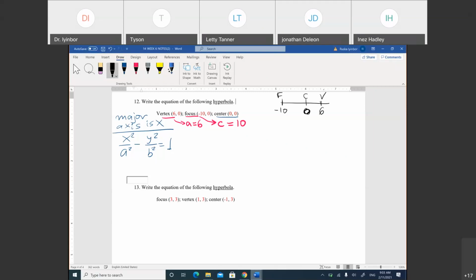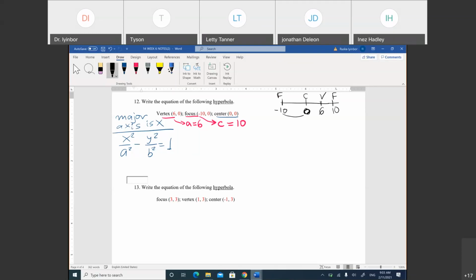So what is the distance? From -10 to 0, the distance is +10. So always remember, A, B, C, they're distances, and A, B, C are always positive numbers, okay? Now, the focus is at -10, but there's another focus at +10, right? Because there are two of those.